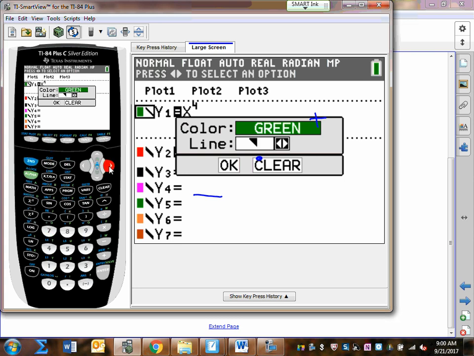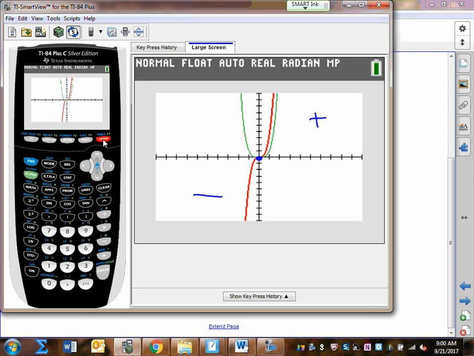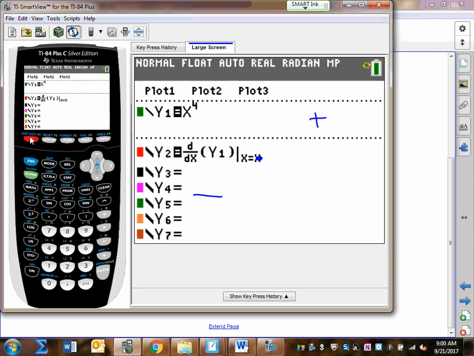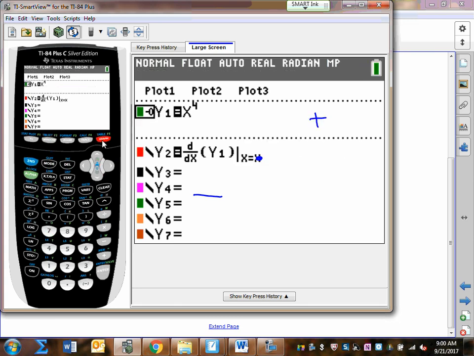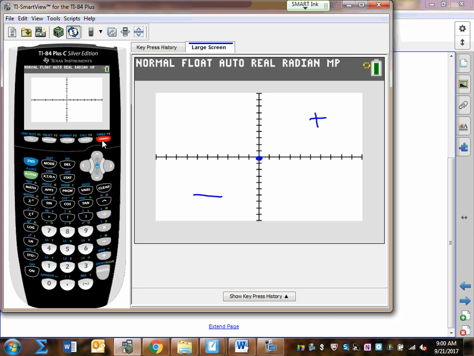The thicker line is easier to see, but this one draws the line, and as it draws it, it uses that little circle. That's nice because sometimes you might be graphing the same function you had already graphed, and you might not realize it, but as it draws it has a little circle so you can see where it's actually going. So I think that's okay. Anyway, back to our derivatives.